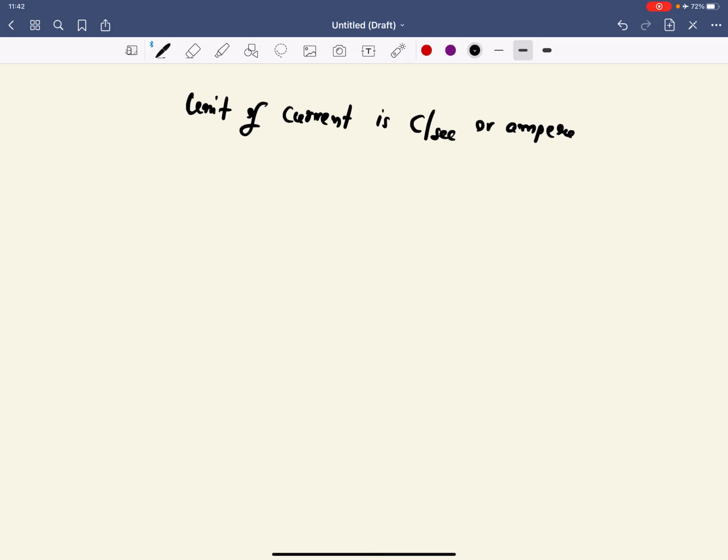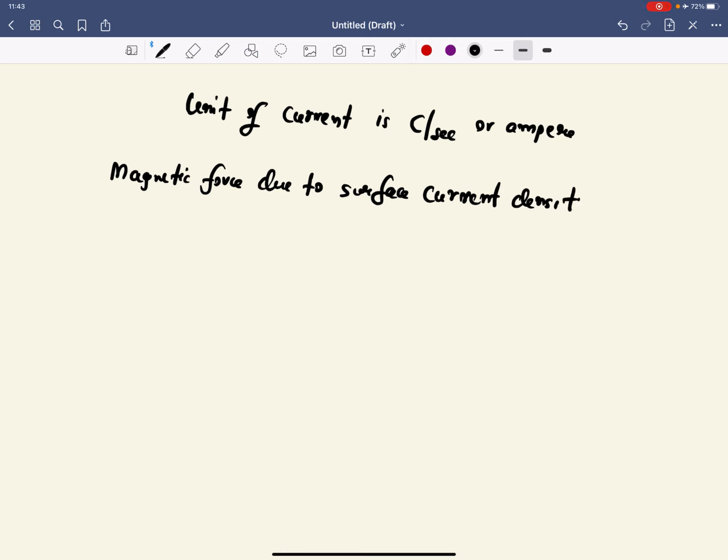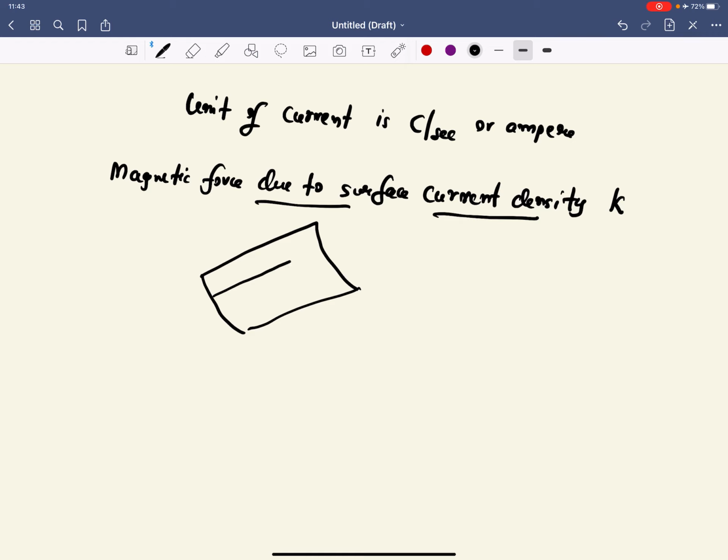Now let's find the expression for the magnetic force due to surface charge distribution, that is, magnetic force due to surface current density, which I will denote as capital K. Let's consider a surface something like this, and there is a flow of current.